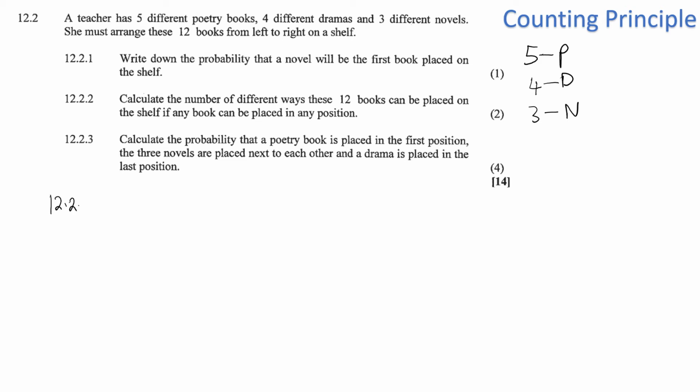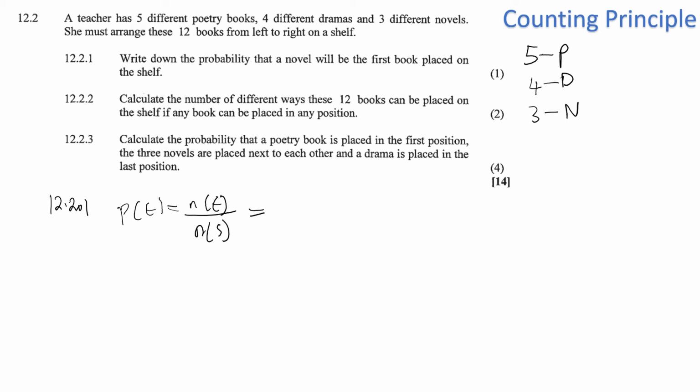12.2.1 says, write down the probability that the novel will be the first book placed on the shelf, right? What is the probability that she's going to place the novel first on the shelf? All right, the probability of an event is equal to the number of favorable outcomes over the total number of what? Of sample space.